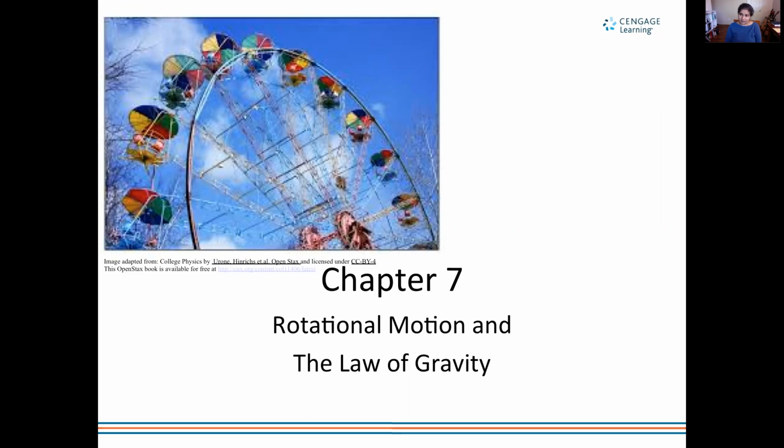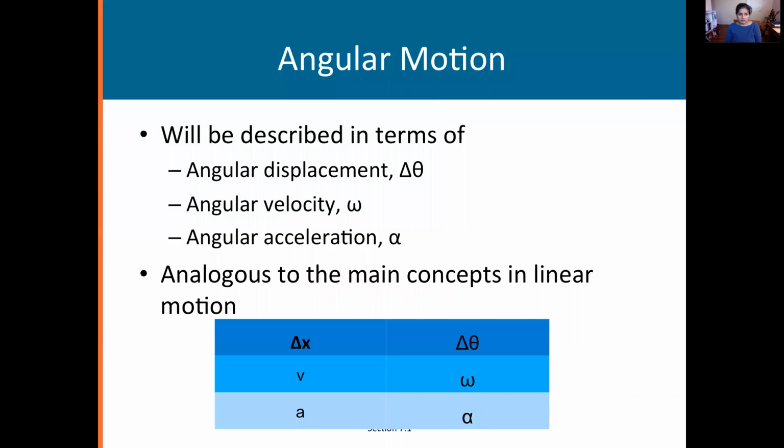We used displacement, velocity, and acceleration. And you will find that we use the same 3 quantities, but now defined in terms of angular motion, where an angle is changing per unit time. Yeah? So here are 3 quantities: displacement, velocity, acceleration, and their angular counterparts.